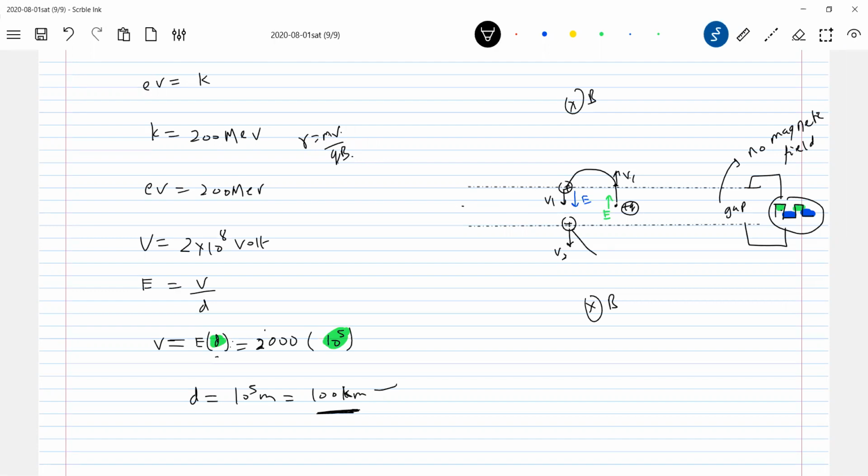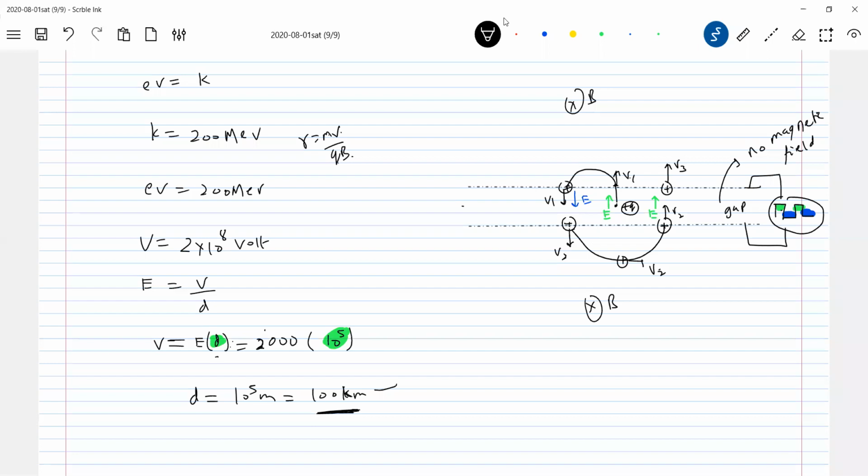So where should it come? You should come here. And it's a constant speed. Here speed will be v2. So when it arrives here, it will have speed v2. And now look at the electric field. It will change direction. Again, it will come like this, E. It will accelerate the charge particle. It will become v3.